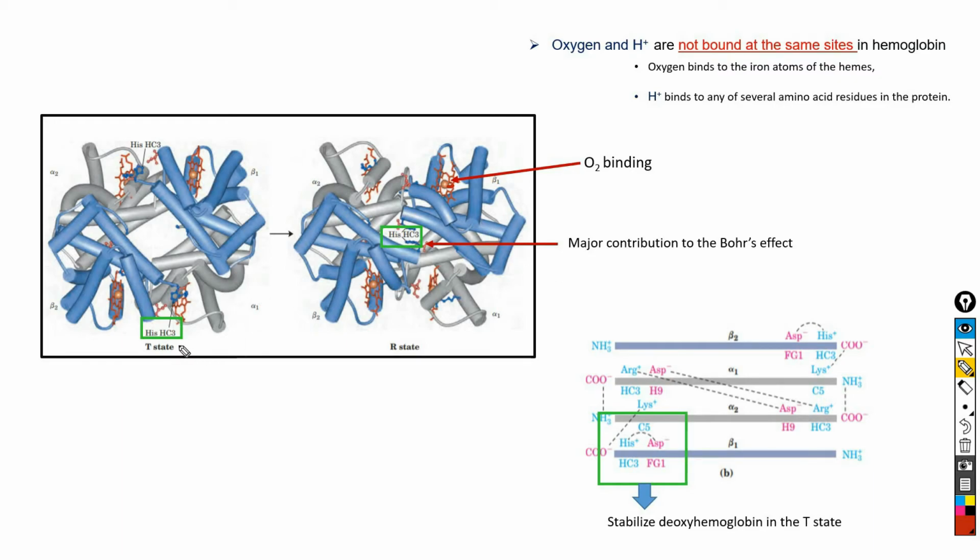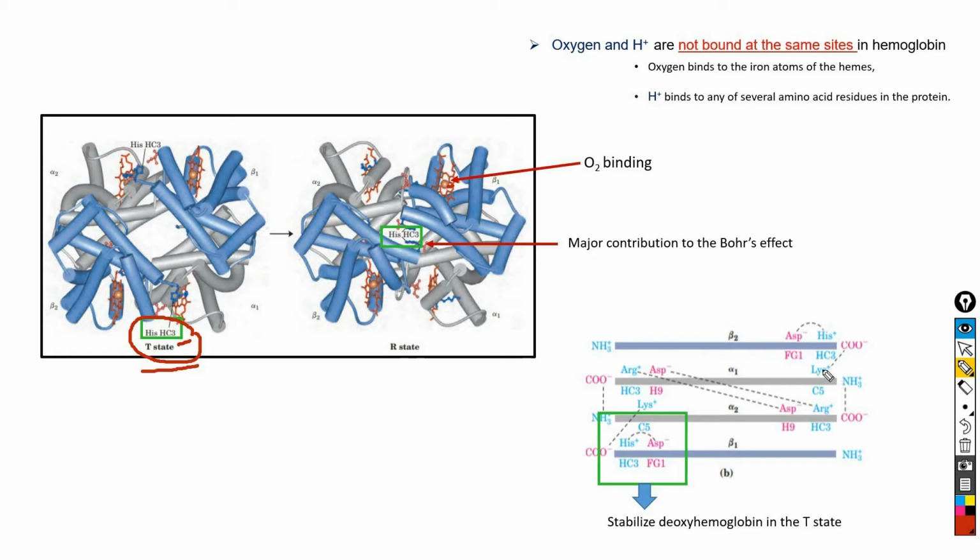But the major contribution to the Bohr effect is made by His HC3. So when this residue is protonated, it forms an ion pair with Asp FG1, and the formation of ion pairs stabilizes the deoxyhemoglobin in the T state that promotes release of oxygen from the hemoglobin. Therefore, as the concentration of H plus increases, protonation of any of the several amino acid residues in the hemoglobin where H plus binds promotes the release of oxygen by favoring a transition to the T state.